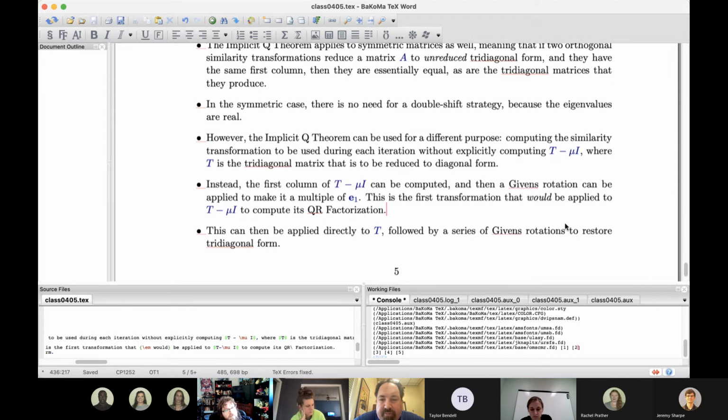So you figure out what transformation that would be, but you don't apply it to this matrix, you just apply it to T. Now that's going to wreck the tridiagonal form. So then you use additional Givens rotations to make it tridiagonal again.